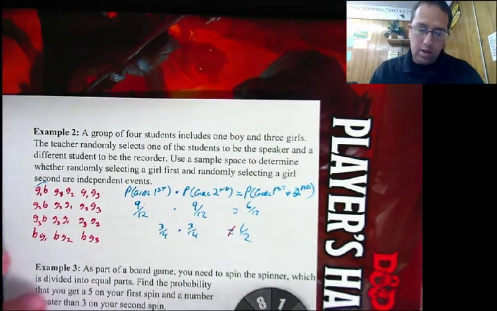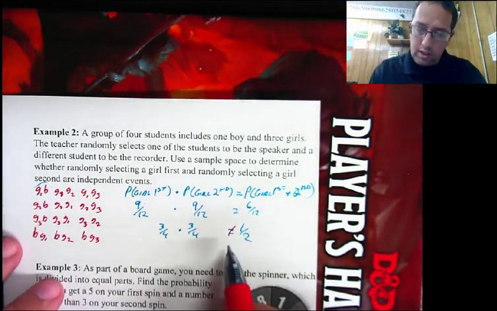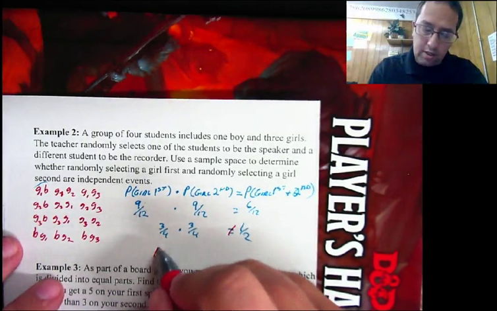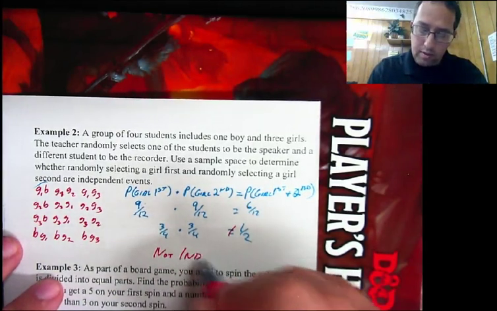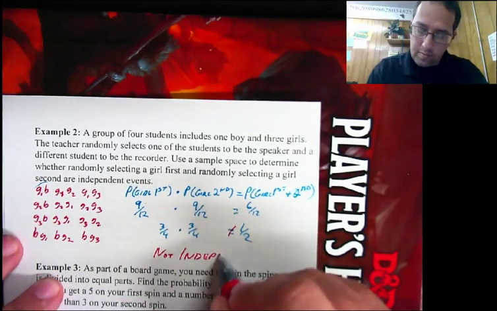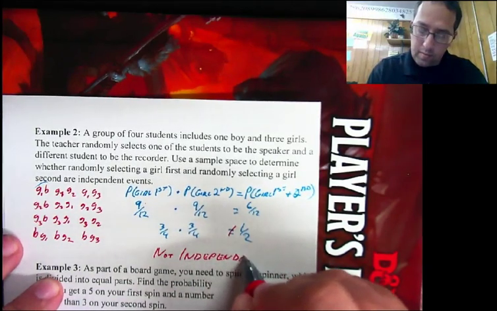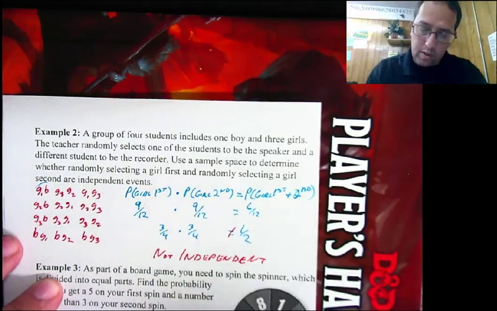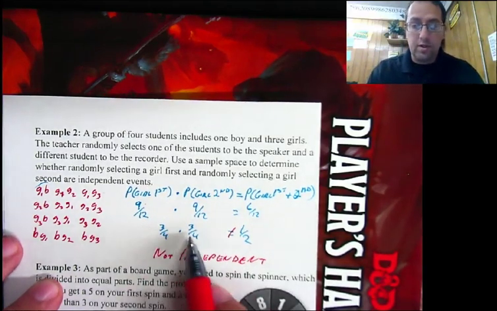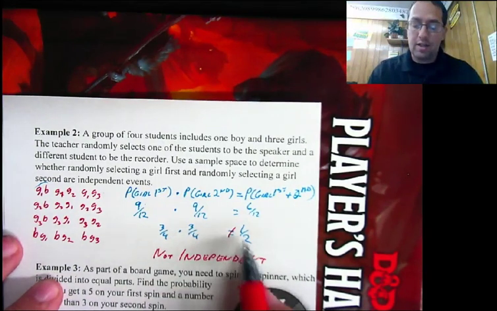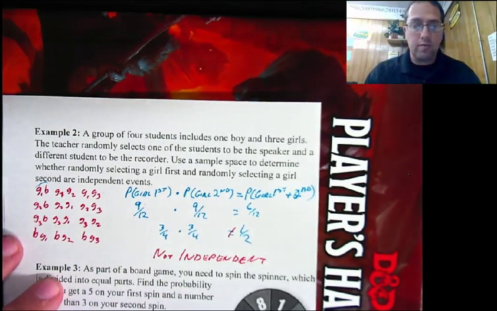It does not work. Since it doesn't equal, these are not independent events, because the probability of the first one times the probability of the second event does not equal the probability that both events happen.